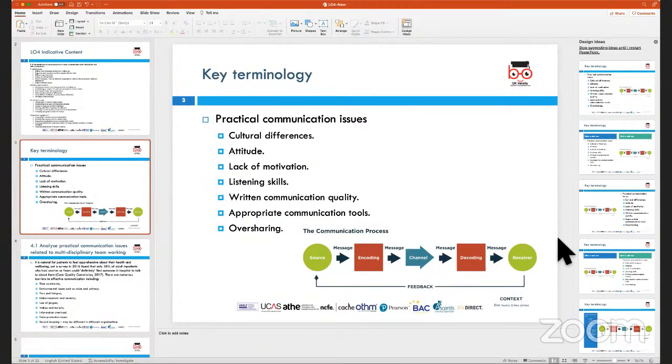Some part of the software is actually doing the encoding. The message is getting transmitted over the internet, and the channel is that internet channel. Then it gets decoded on the user's machine or on the user's end when you receive a phone call. And then that message is received by the receiver.